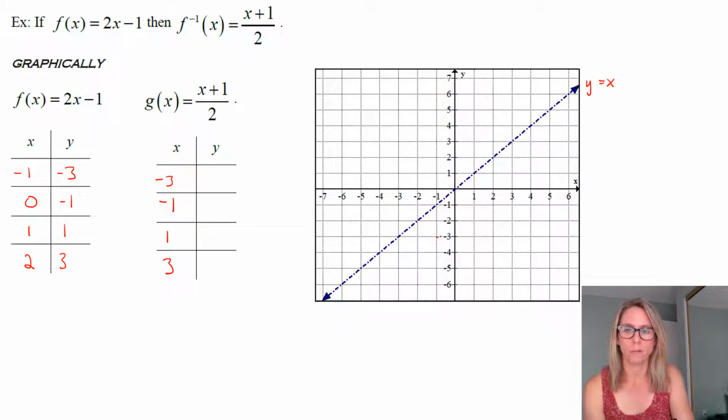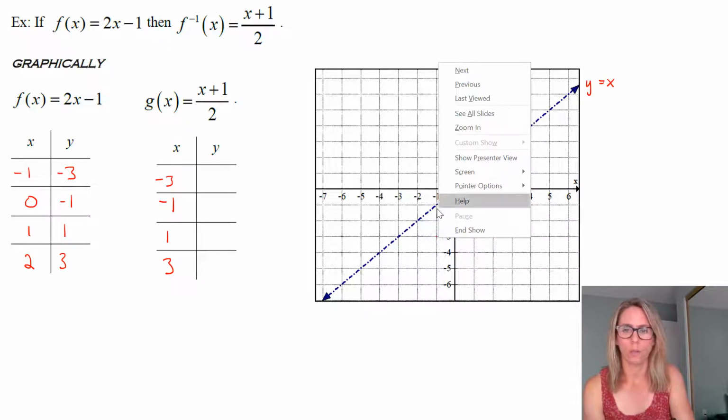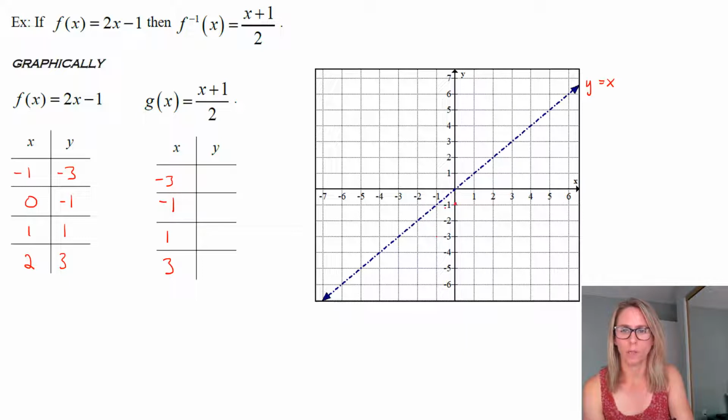So we have -1, -3; 0, -1; 1, 1; and 2, 3. Okay, so here's one of them.